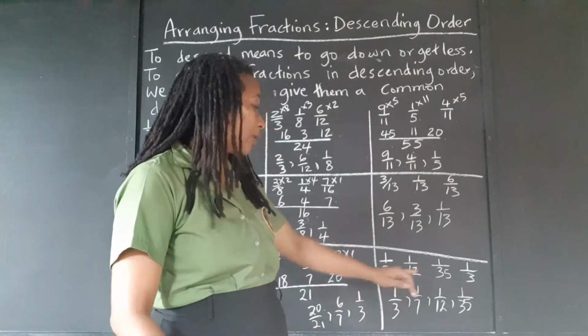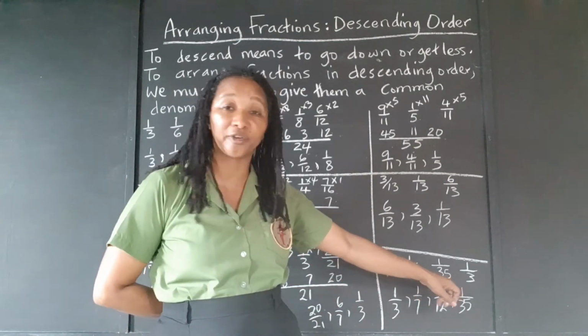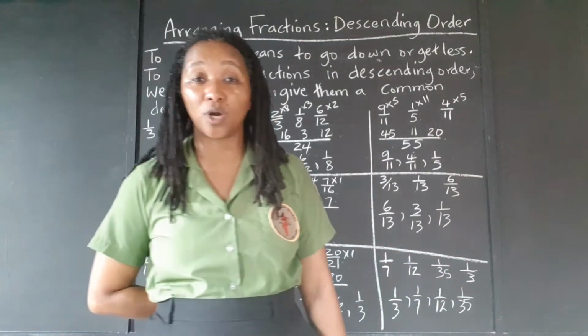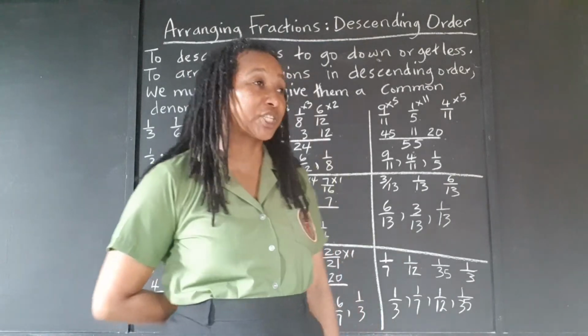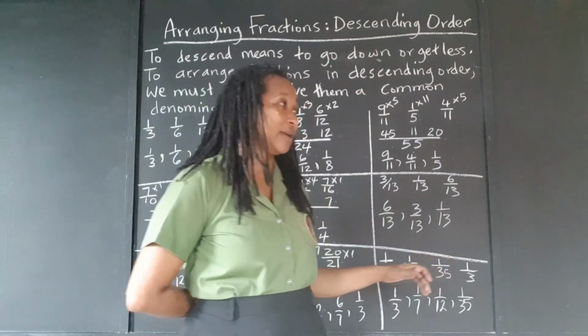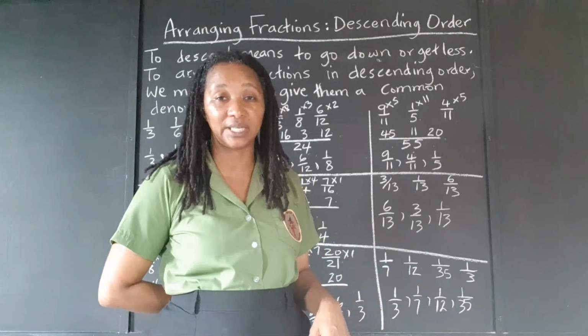To some, it would look like it should be the biggest, right? Because it has a big number here, 35. But we know by now that's not how fractions work. Especially those fractions that have ones in the numerator. The bigger the denominator, actually, the smaller the fraction is.